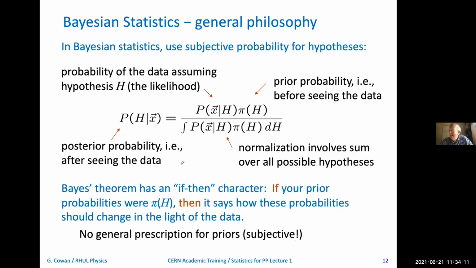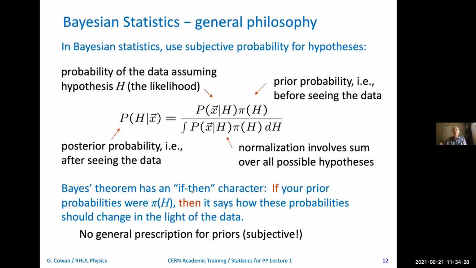And so that's kind of interesting. It says that Bayesian statistics doesn't even predict in a unique way these probabilities. It only tells you how a prior probability would get updated in the light of the data. And in that sense, Bayes' theorem has a sort of if-then character.